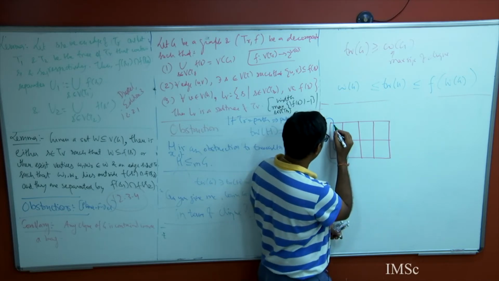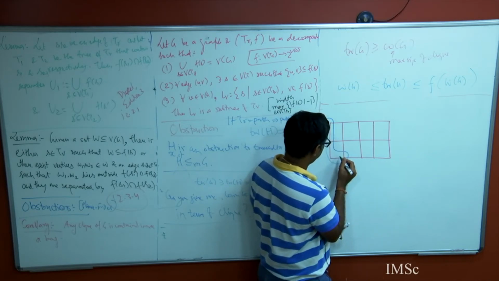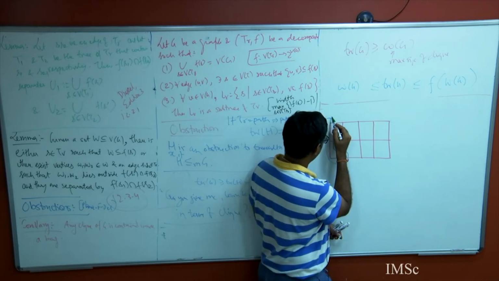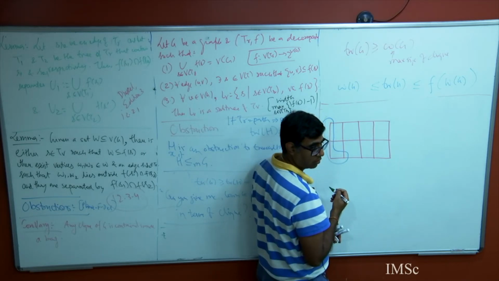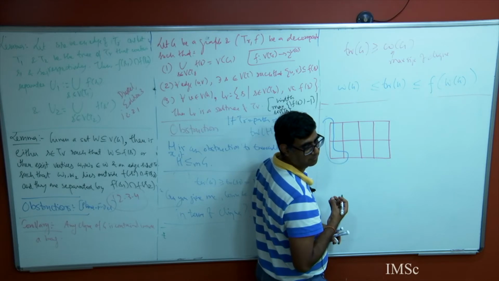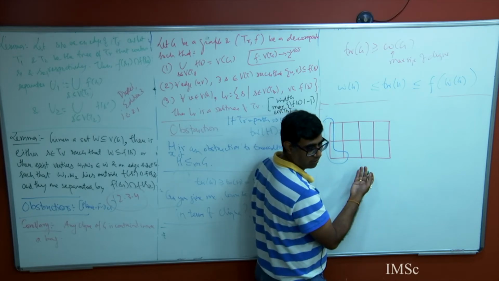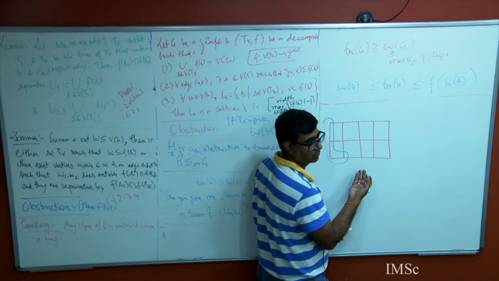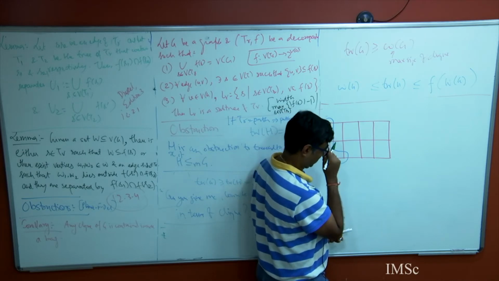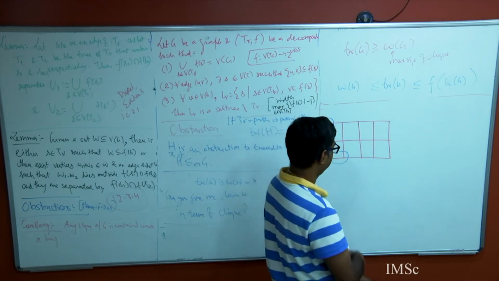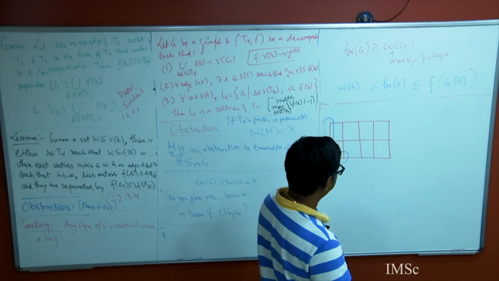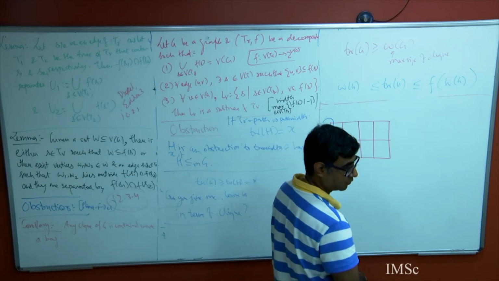Next, what should I do? My choice, no? I said at least 2. Maybe you can make a decomposition of width 2 for yourself. Okay, let's see. This girl is making me crazy.